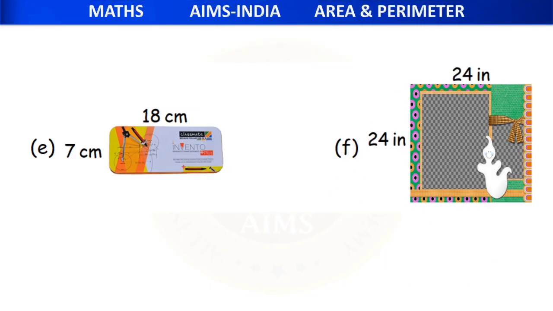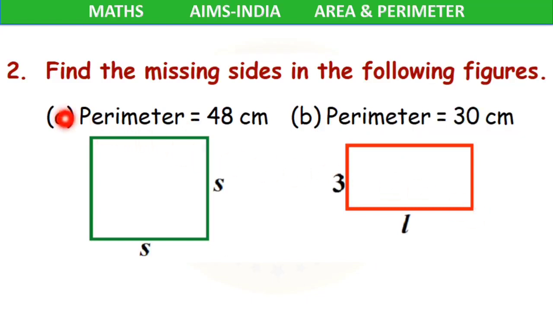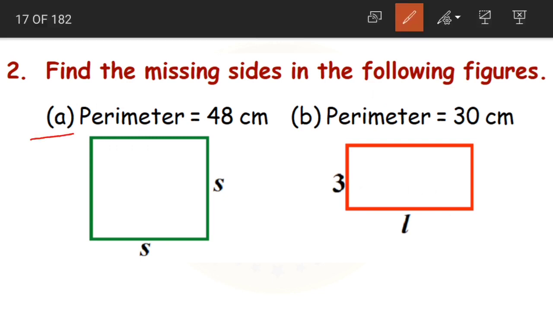I hope this is clear how to use the formula of perimeter of square and rectangle. Now coming to question 2, find the missing sides in the following figures. What are they asking us? To find out the missing sides. If you look at question A, the perimeter is already given.